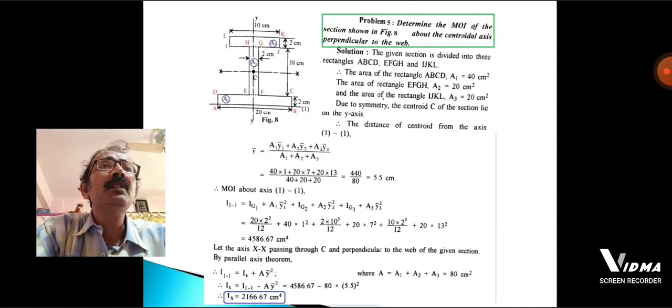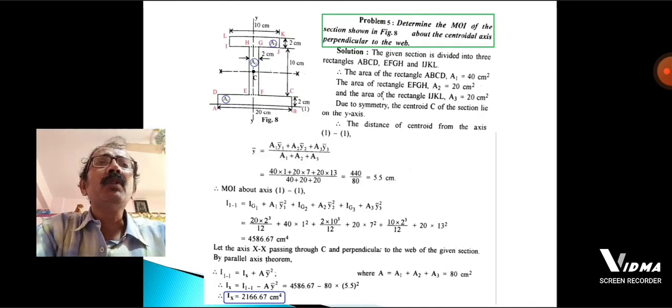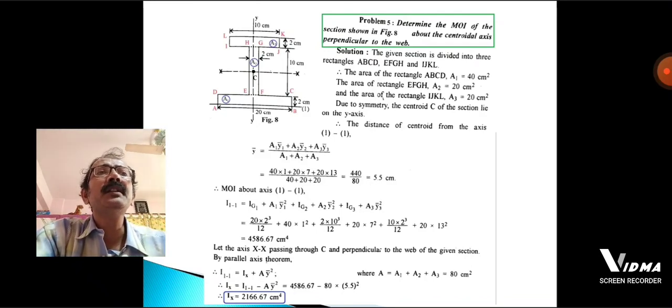First again we have to calculate the centroidal position. This figure is symmetric about the x-axis, so the position of the centroid lies on the y-axis. So we first calculate y bar, dividing the total area into three parts, and the value of y bar is 5.5 centimeter.